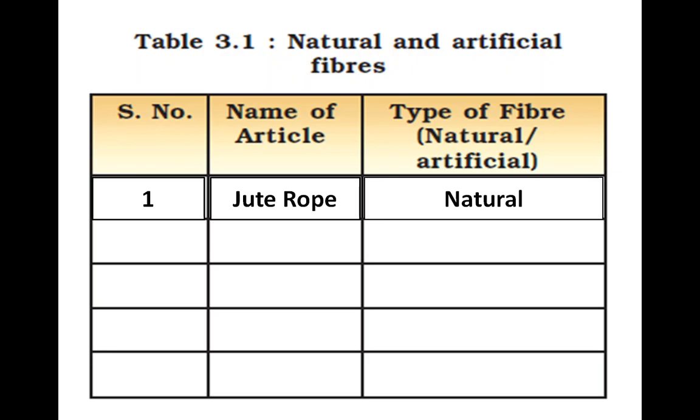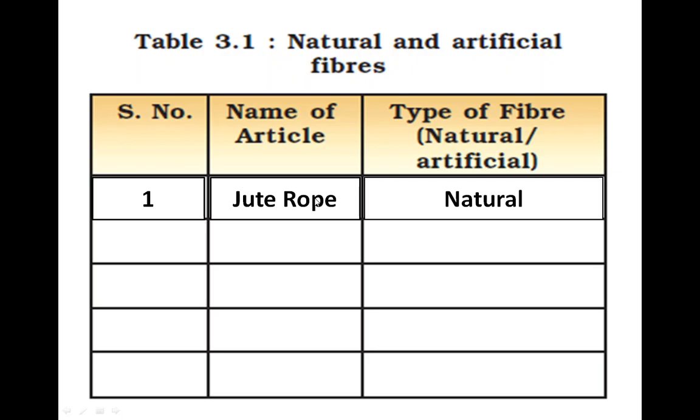One I have mentioned here. Name of article means you have to write some things that are made from fibers, and then write whether it is natural or artificial. I have written one: the article is jute rope.